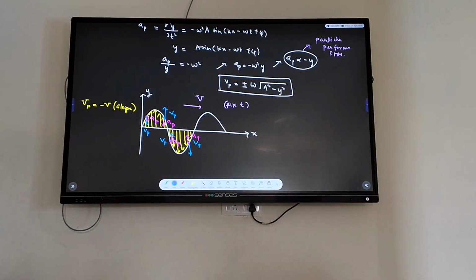Is that pink color visible to everyone? Yes, mixing with yellow.